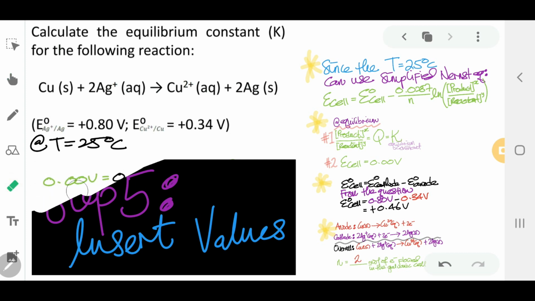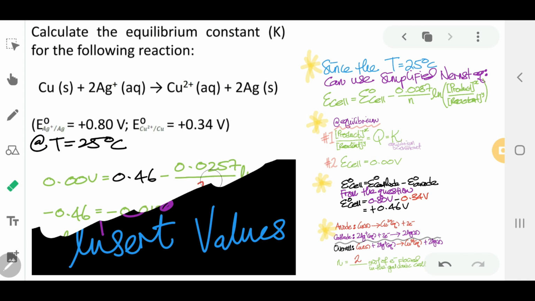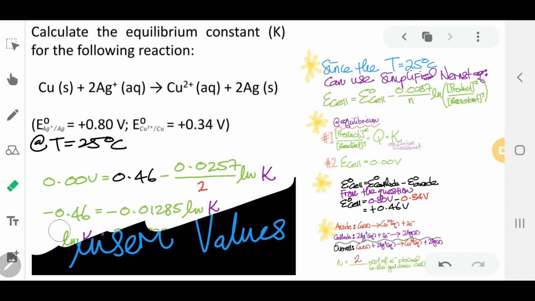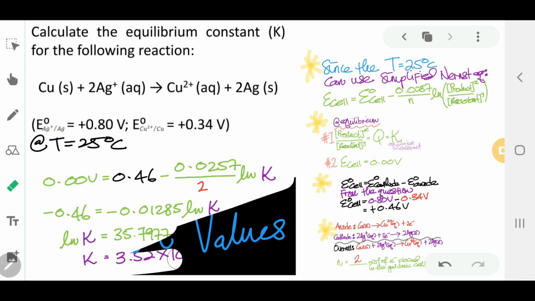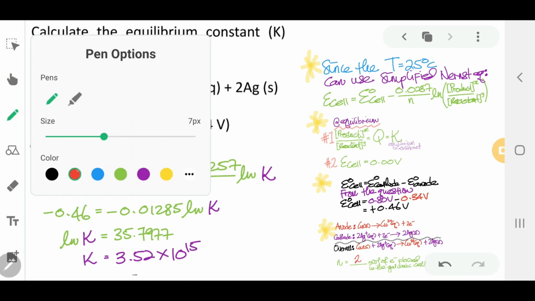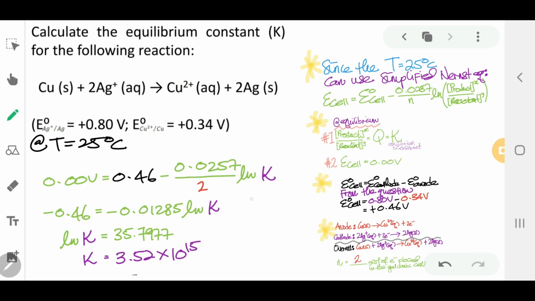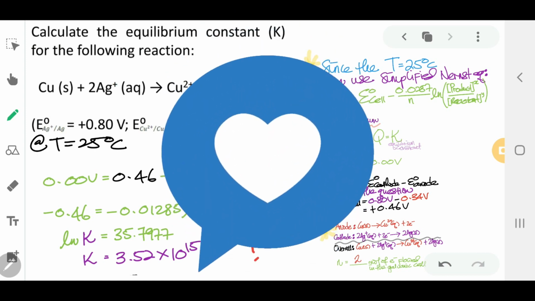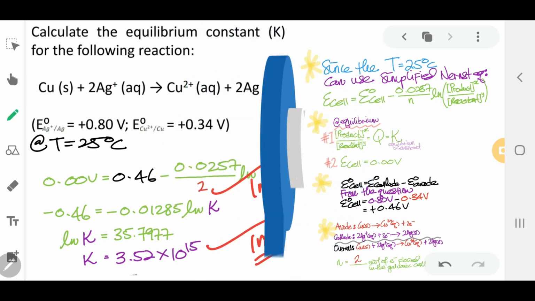Taking all of those into consideration, we substitute all the values into the simplified Nernst equation, and you will be able to find the value of the equilibrium constant K. You'll get 1 mark for this, and 1 mark for that.